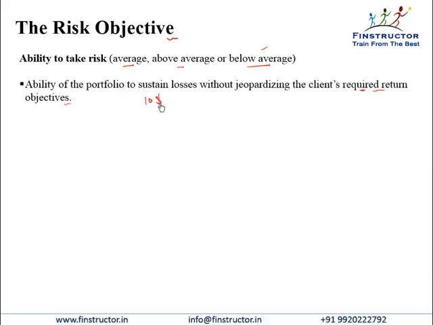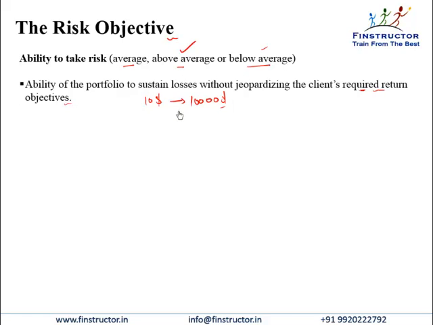So if the required return is $10 and the portfolio size is $10,000, then generally the ability to take risk would be above average. Please note, the institute mentions no number or minimum required percentage at which we decide it is above average or below average.